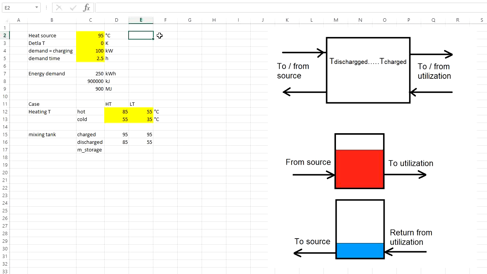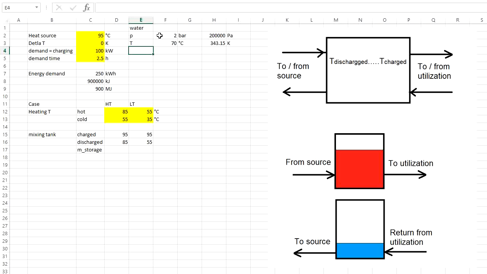So let's say that the storage fluid is indeed water at pressure at 2 bars, which is 2 times 100,000 pascals. And for simplicity, some mean temperature, let's say about 70 degrees C, and 70 plus 273.15, and we get the temperature in kelvins.